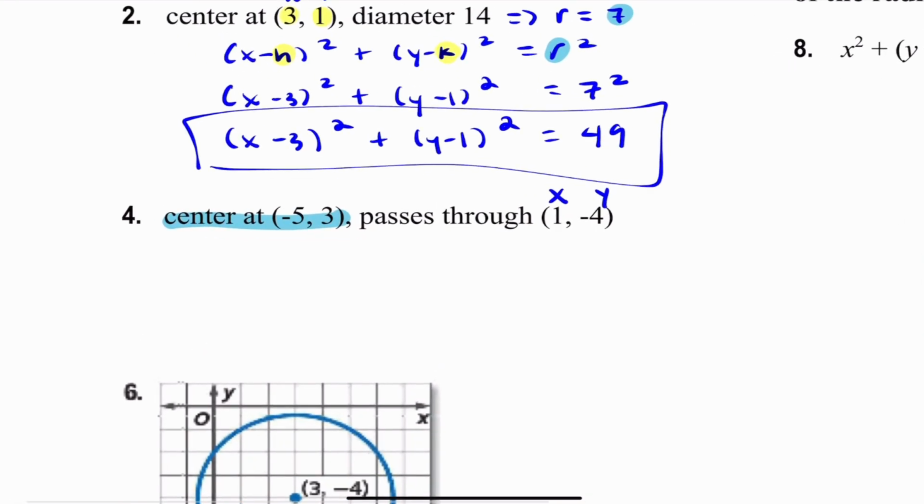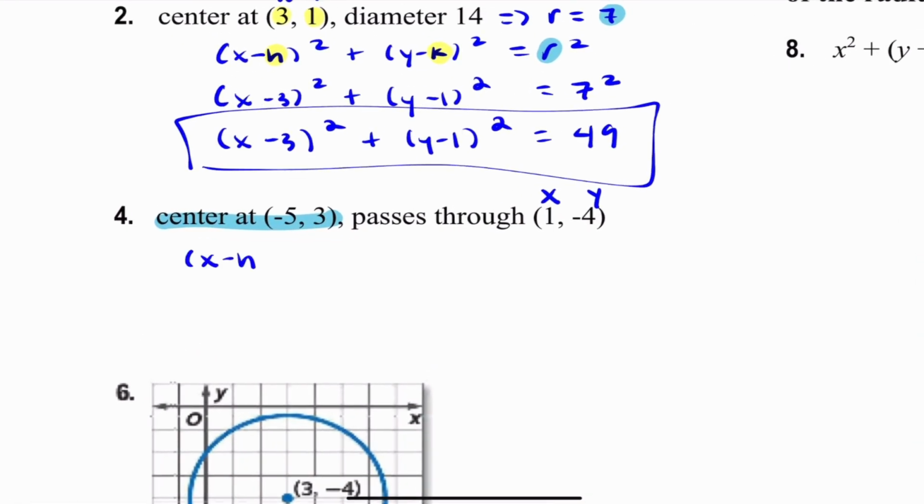So using my equation, again, it's (x minus h) quantity squared plus (y minus k) quantity squared equals r squared. You're going to replace x and y with 1 and -4, respectively, and you're going to replace h and k with -5 and 3, respectively.